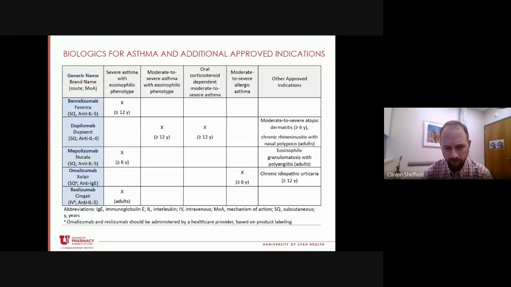And then the other comment I'll make is that the utilization data looks like the dupilumab is actually primarily used for atopic dermatitis. We didn't really address that in terms of efficacy, but it looks like that's where that one's getting used.